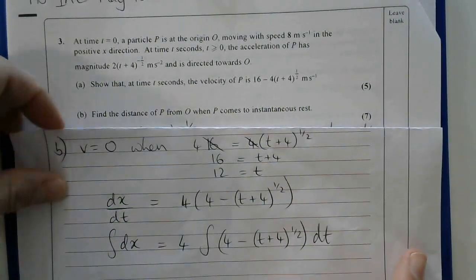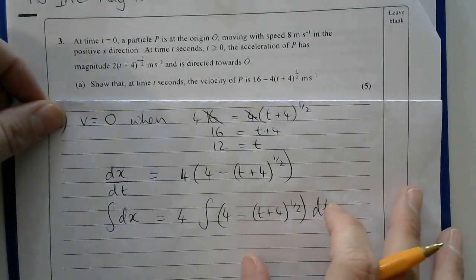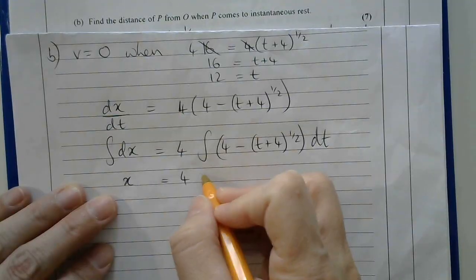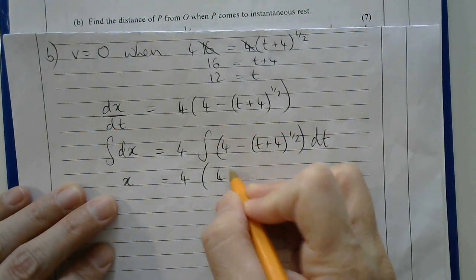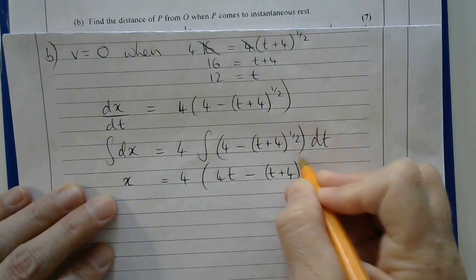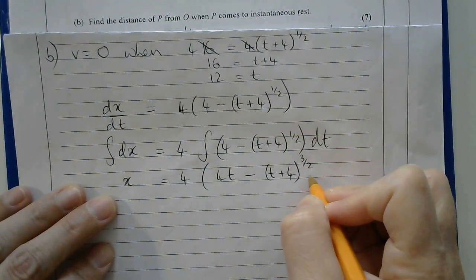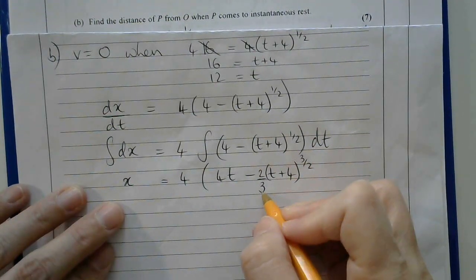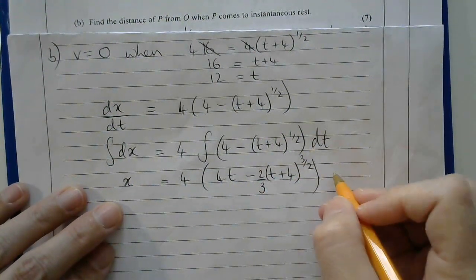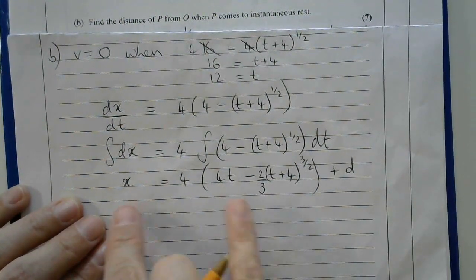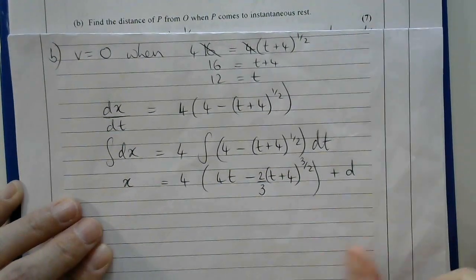So now actually doing the integration, then I end up with, on the left hand side, x. Here I've got this 4, and here 4t minus t plus 4, add 1 to the power, divide by the new power, and dividing by 3 over 2 is the same as multiplying by 2 over 3, and then I have a constant to add. And so now I need some initial conditions with x and t.